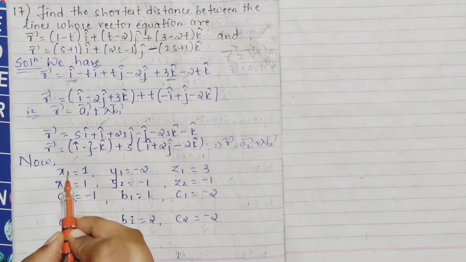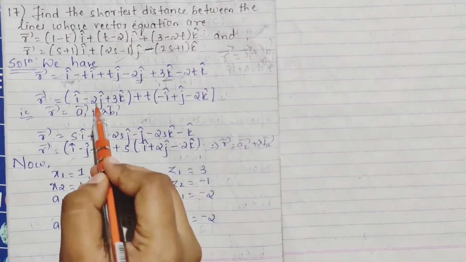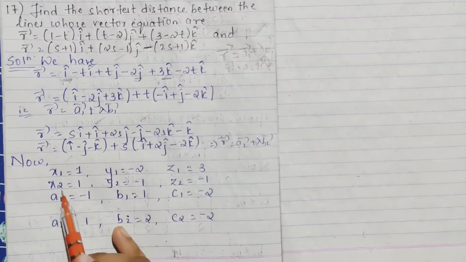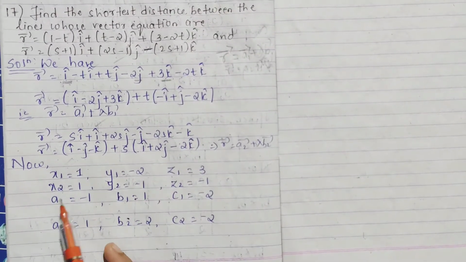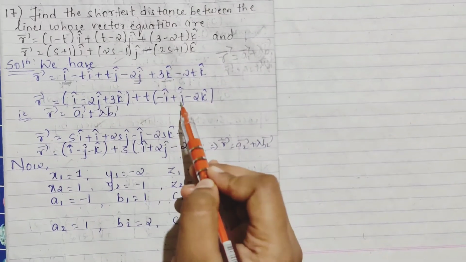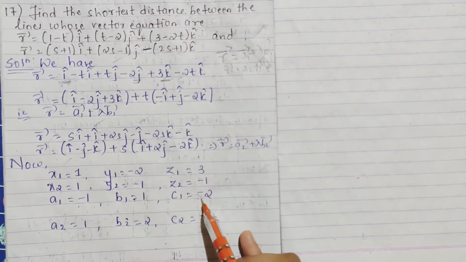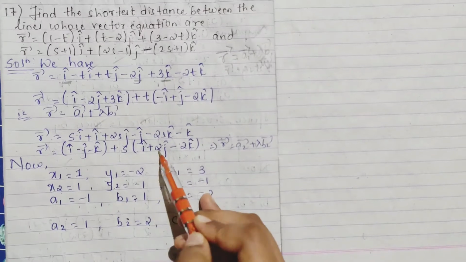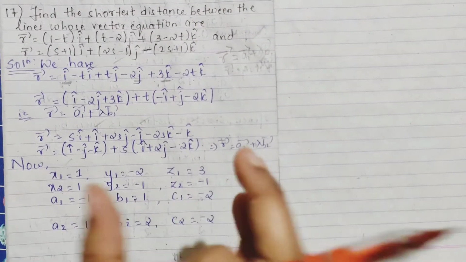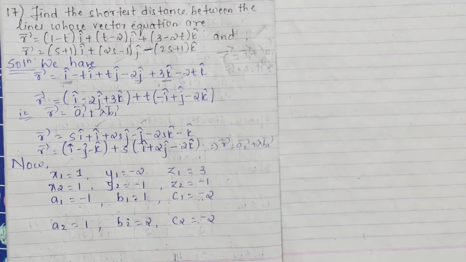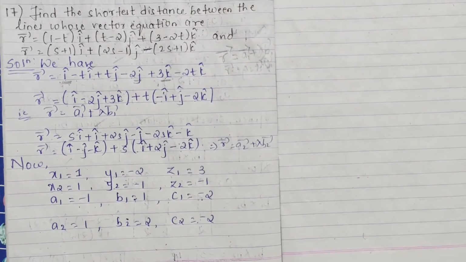So x1 is 1, y1 minus 2, z1 3, x2 1, y2 minus 1, z2 minus 1, okay. a1 minus 1, b1 1, c1 minus 2, a2 1, b2 2, c2 minus 2, okay. Why we wanted this is so that we can directly put it in our Cartesian form formula, okay.